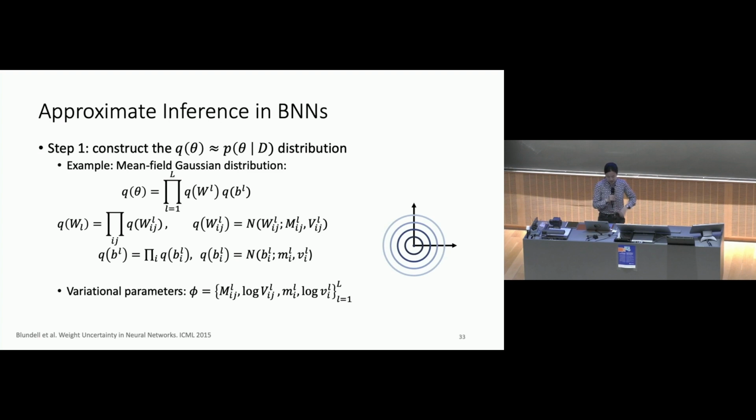So for each individual Gaussian, what you need is to parameterize the mean and the variance. Parameterizing the mean is easy. The slightly tricky part is the variance, because you need to ensure that it is a positive number. So you cannot just directly parameterize it with some free-form parameter.